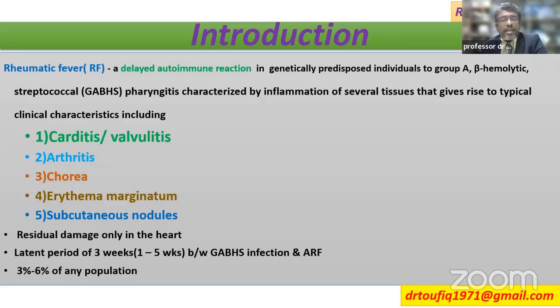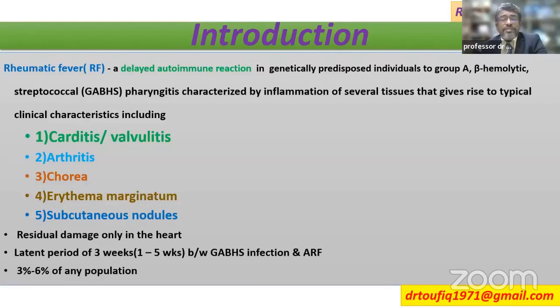What are the organs usually involved in rheumatic fever? In rheumatic fever, these autoimmune reactions usually occur in the joints, especially large joints. It may involve the cardiac muscles, even the endocardium, myocardium or pericardium. All the layers may be involved, but usually the endocardium is involved.